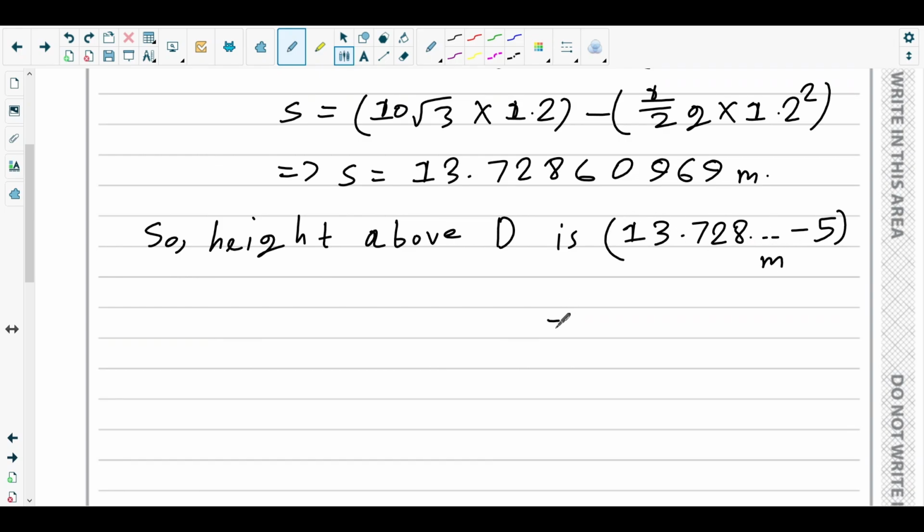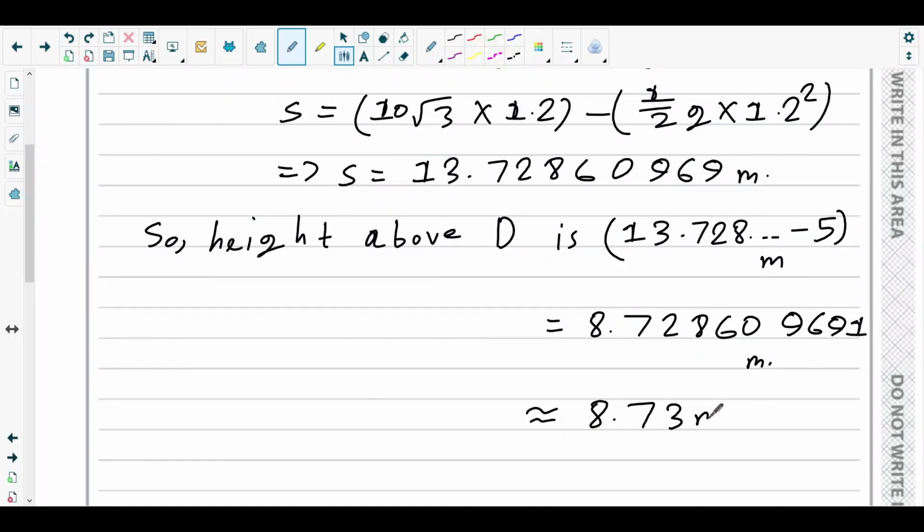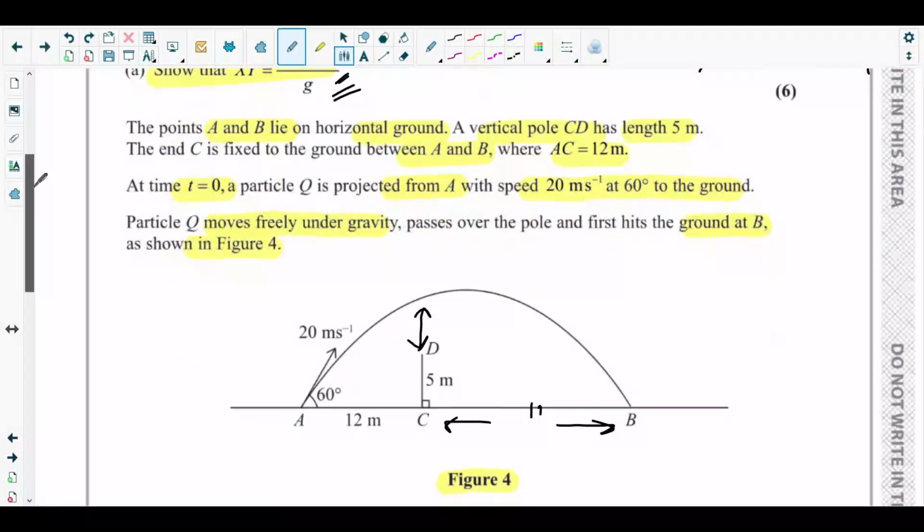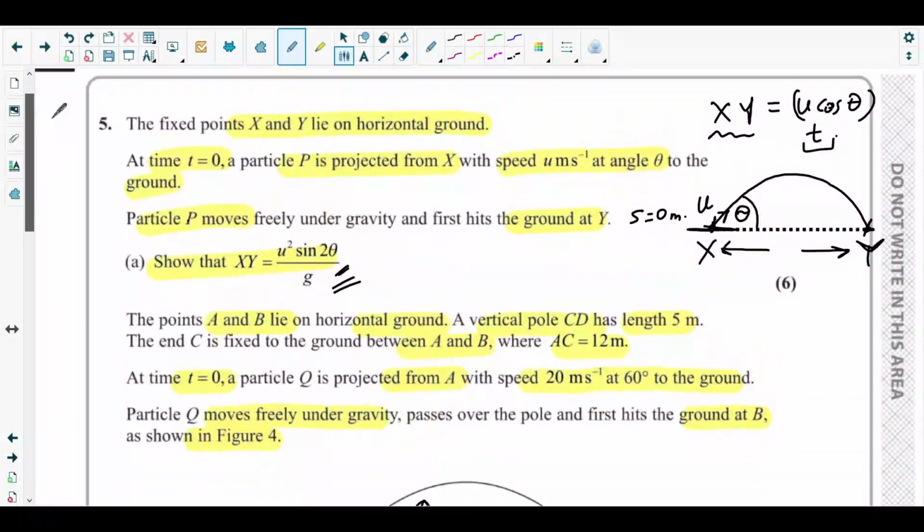So you will get a height of 8.7286 meter. Up to 3 significant figures, this is 8.73 meter. Perfect. So the height above D is 8.73 meter, and that's the answer for part C from question number 5.